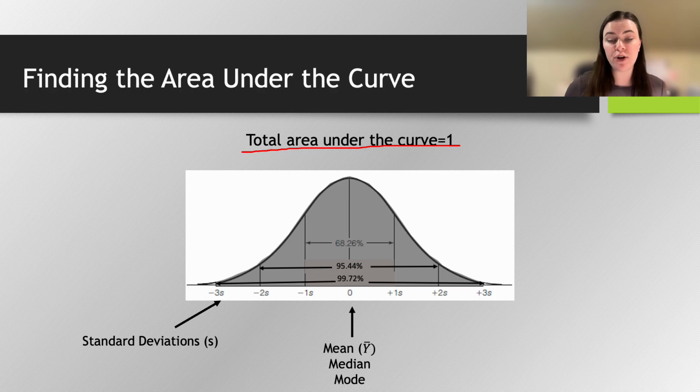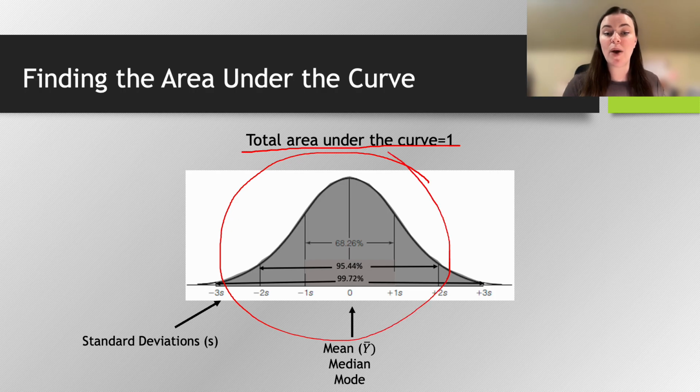So if you recall from chapter 1 in our discussion about proportions, all proportions have to equal a value of 1. And so the proportion value under this area of the curve is 1. Anytime we discuss this moving forward, know that all of the areas under the curve will have to equal that value, or you have made a mistake within your calculations.